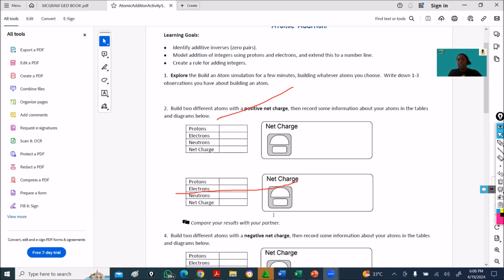And it takes 10 minutes to do question 2.